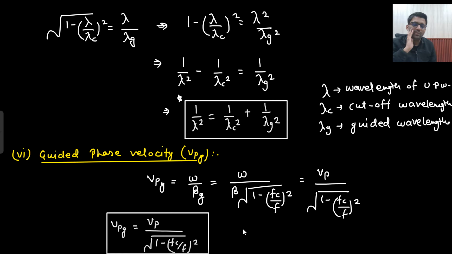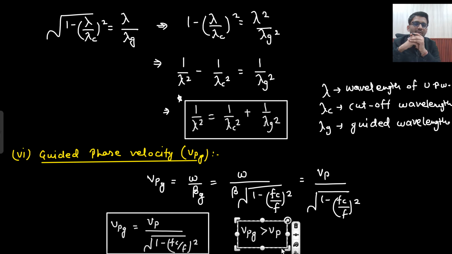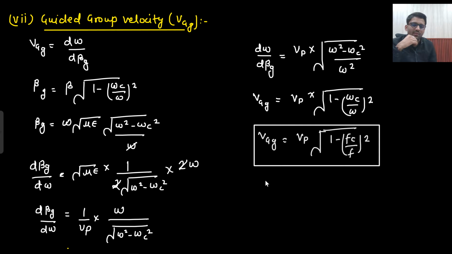And here, what about VPG? Will VPG be greater than VP or less than VP? It will be greater than VP. Are you getting this point? And what about this one? VGG will be less than VP.